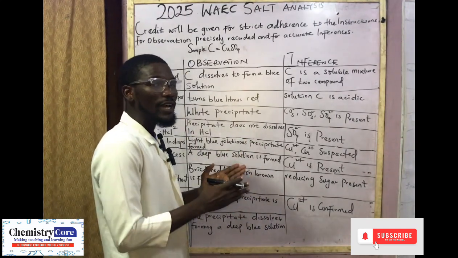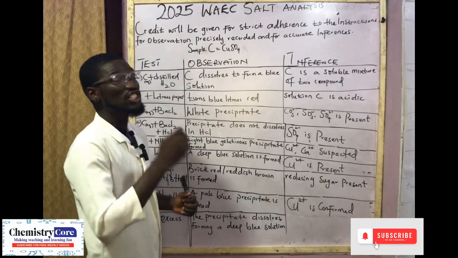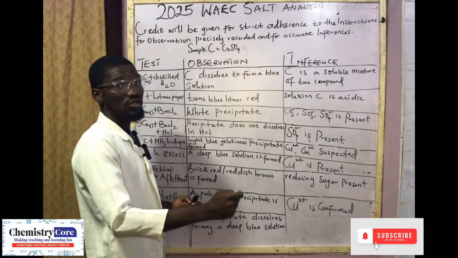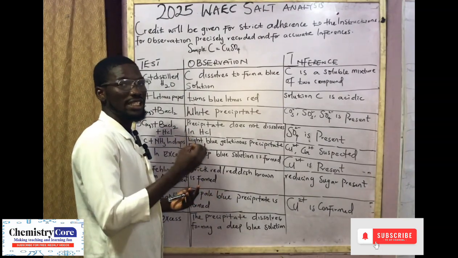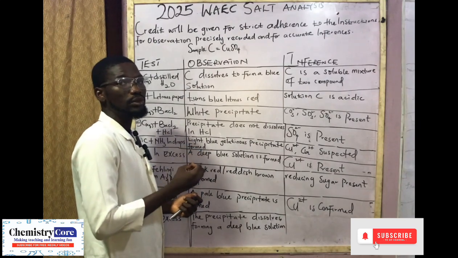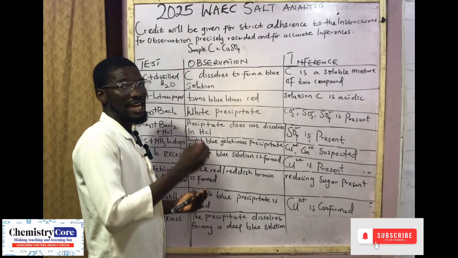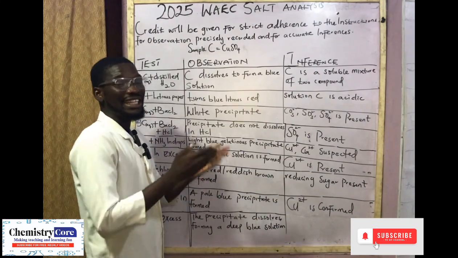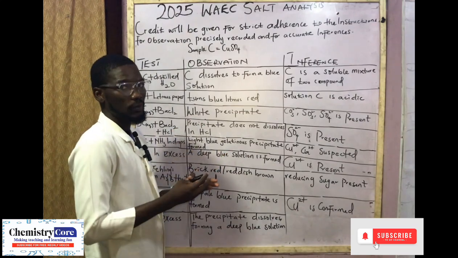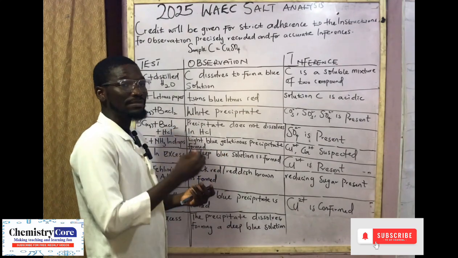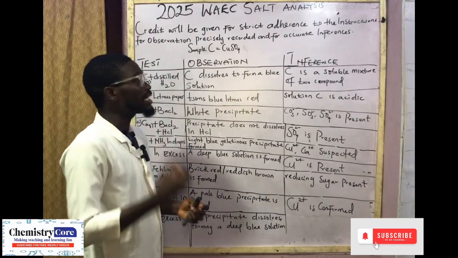So guys, don't forget I said earlier that credit will be given for strict adherence to the instructions. The instruction is you have to measure 2 cm³ of water into the sample C, and mind you, as a tutor, you can decide to separate it into 3 portions or 2 portions, as long as you are going to have your final product, which is an inference.